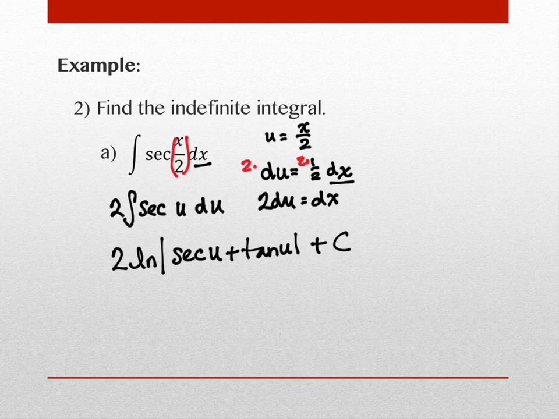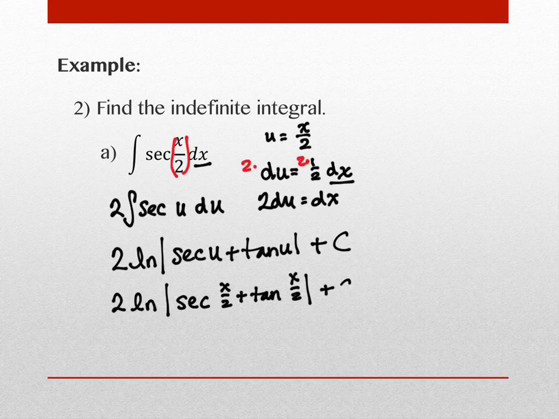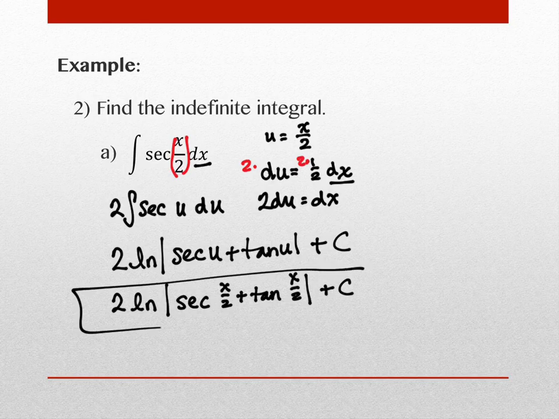But we're going to put the u's back in. So now I have 2 natural log secant of x over 2 plus tangent of x over 2 and then plus c. Okay, so that's a simple u substitution one. It's not so bad.